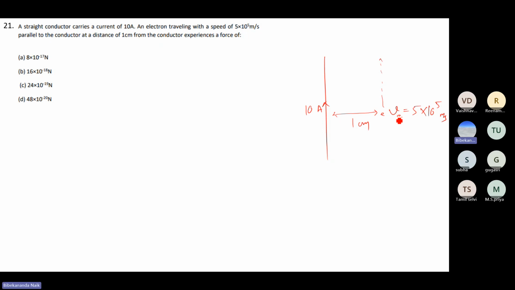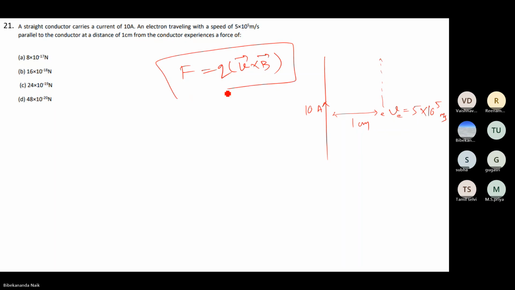It is called the Lorentz force, isn't it? And this is given by F is equal to Q V cross B. This is the force due to the magnetic field when a charged particle moves in a magnetic field.